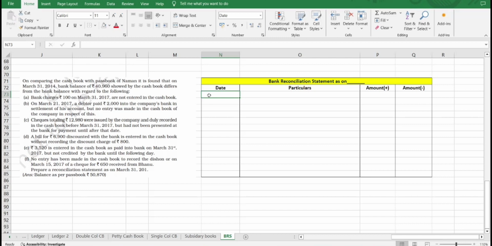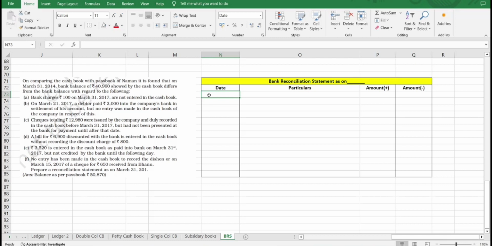Let's get started. Reading out the question. On comparing the cash book with passbook of Naman, it is found that on March 31st, 2014, bank balance of rupees 40,960 showed by the cash book differs from the bank balance with regard to the following.